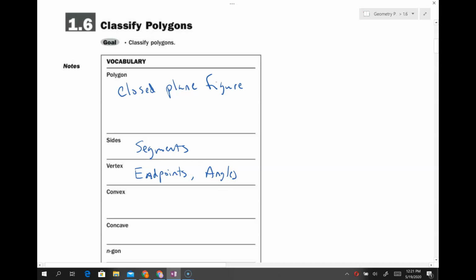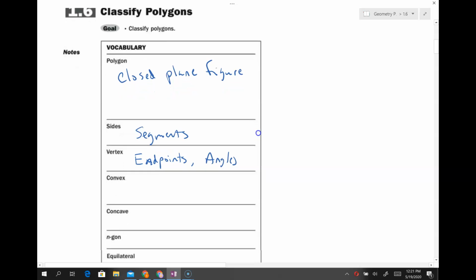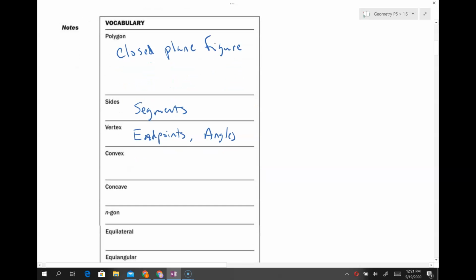Now there's two terms. One is convex, and the other one is concave. Convex is what we normally think of with a polygon, so I'm going to write normal polygon. And I think I've mentioned it before. And concave is, I like to call it a caved in polygon.